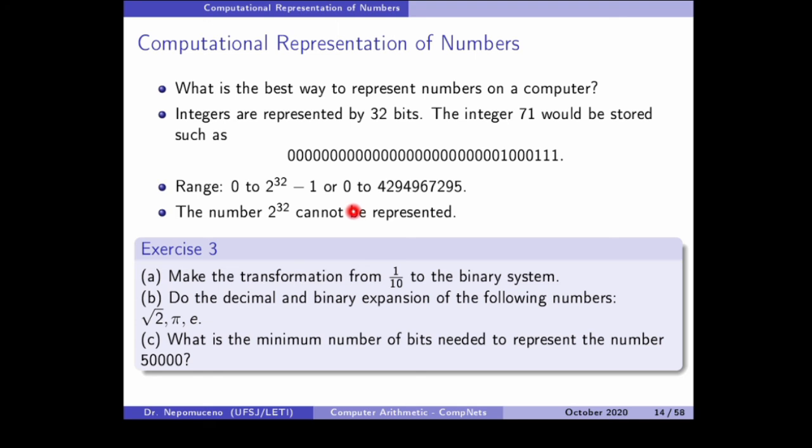So here is a small exercise, very quick. I hope that you can do it in a very easy way. Just make the transformation from 1 divided by 10 to the binary system. Do the decimal and binary expansion of the following numbers. Pay attention here because you have to truncate even in the decimal part. And here is a very important issue: what's the number of bits needed to represent the number 50,000?